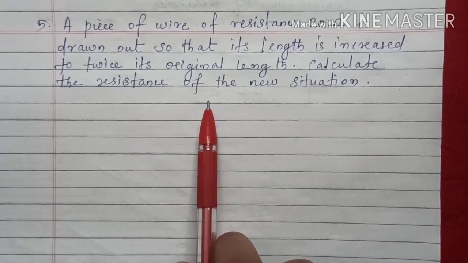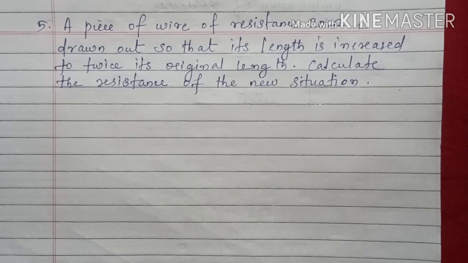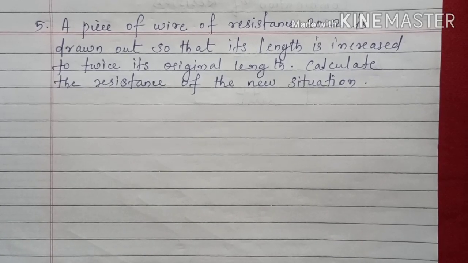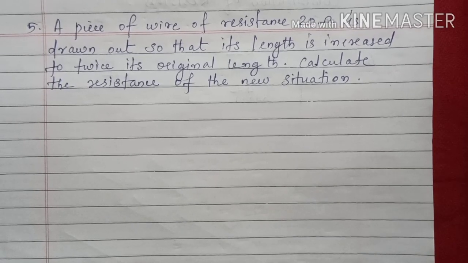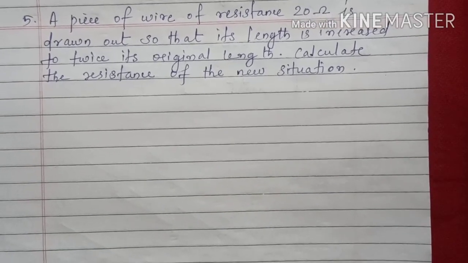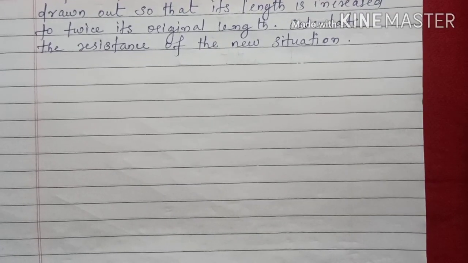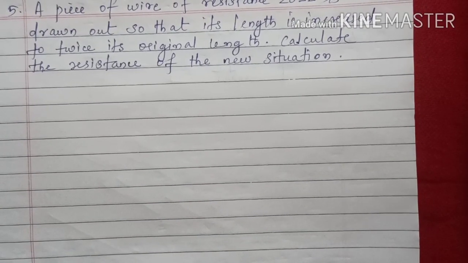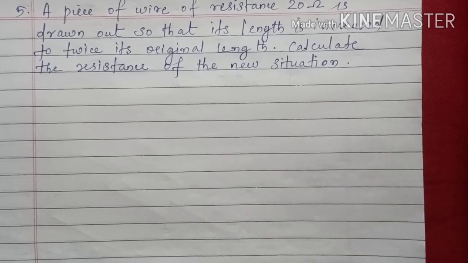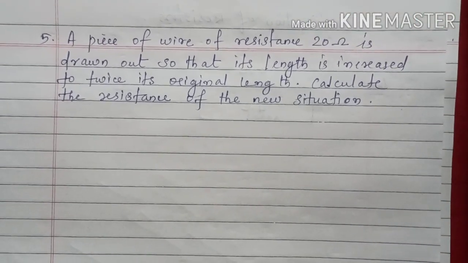Calculate the resistance of the new situation. Okay, a piece of wire of resistance 20 ohm is drawn out so that its length is increased to twice its original length. Calculate the resistance of the new situation. Okay, so this is the question.